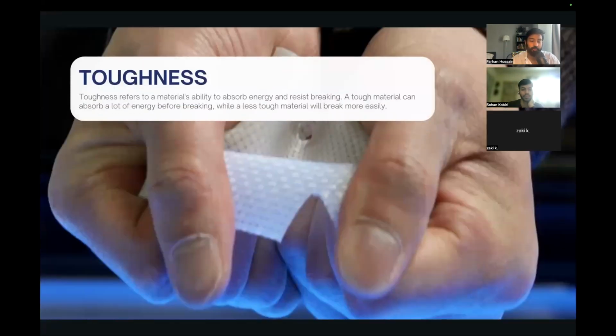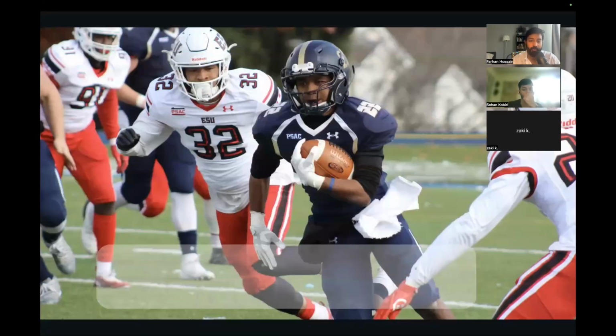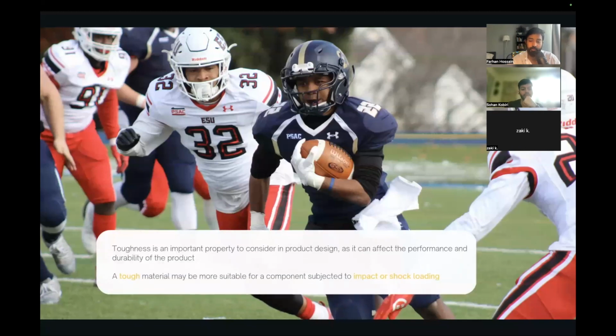Finally, today we'll talk about toughness and its ability to absorb. We spoke a little bit about it earlier on. And toughness is really important because you want the material to have the ability to absorb impacts and shocks. For example, these players, they're wearing their helmets, they'll be colliding into each other, and you would want to protect their head and their body.